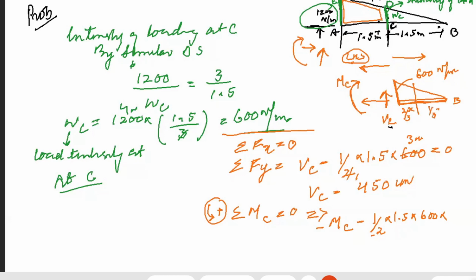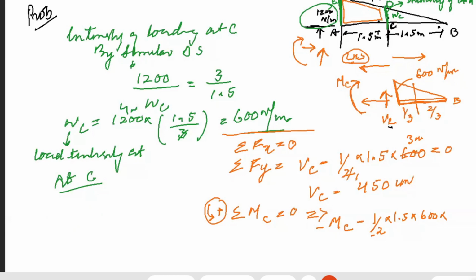This portion is 1 by 3 of L, and 2 by 3 is the rest. It is 1 by 3 from C, and 2 by 3 is the rest portion.